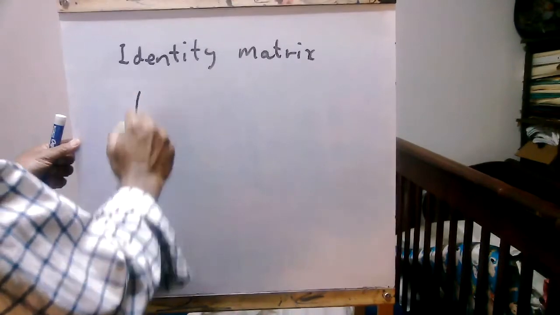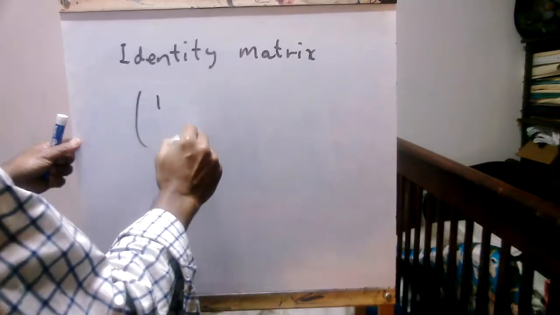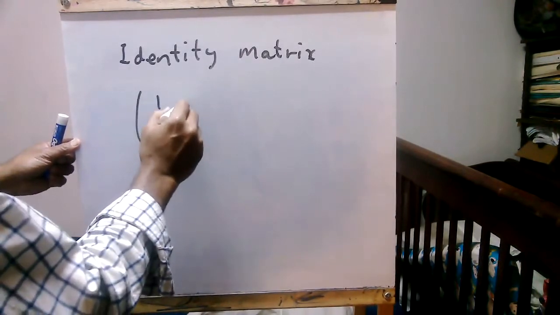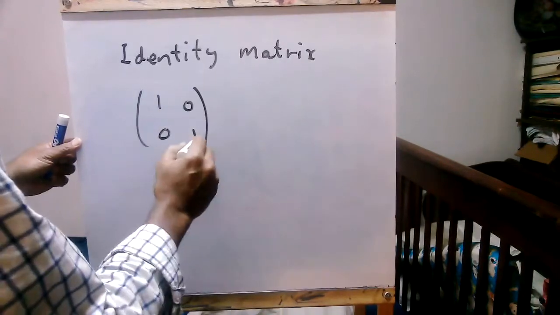If it is a 2 by 2 identity matrix, it is 1 on the diagonal, everything else is 0, 0, 0. This is 2 by 2.